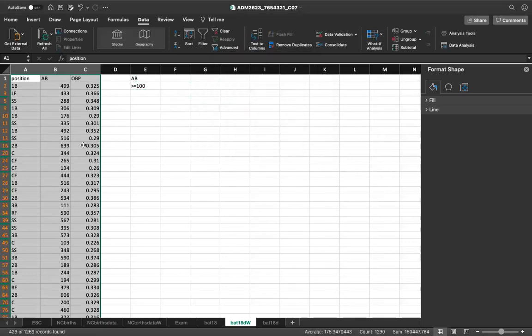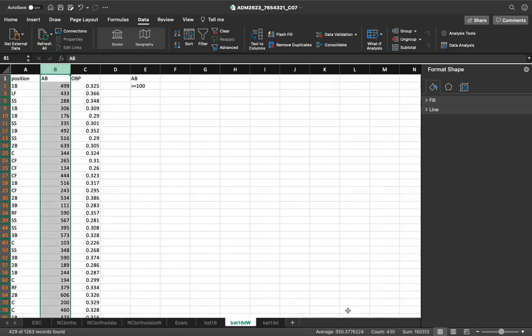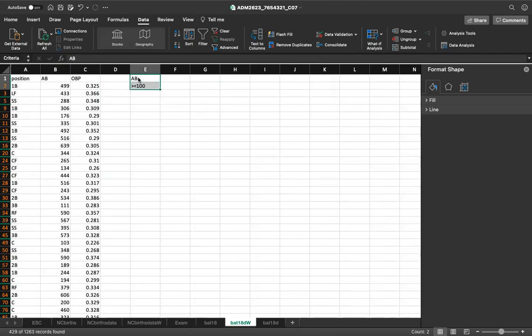So let's see. We have filtered it here. We have got 430, which means 429 records. The other way is, let's eliminate the data if you're not going to use it.